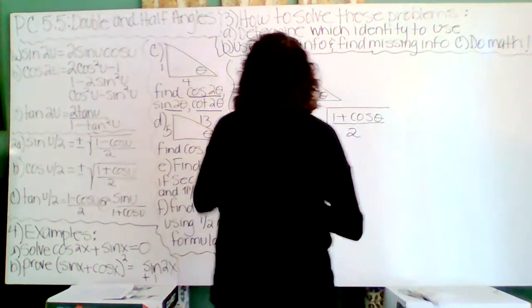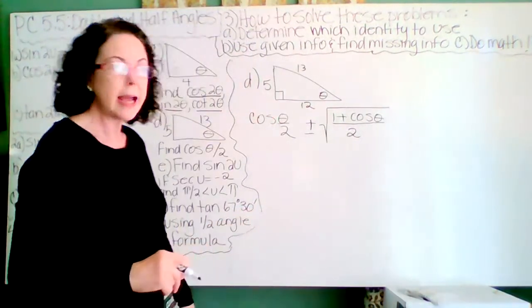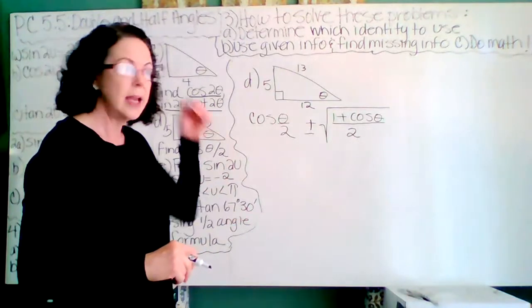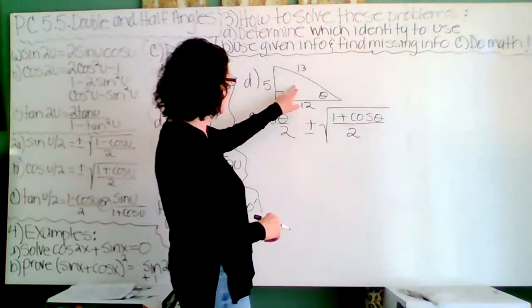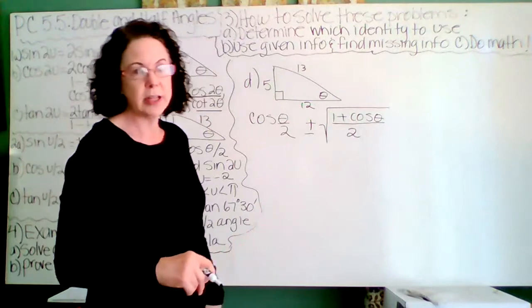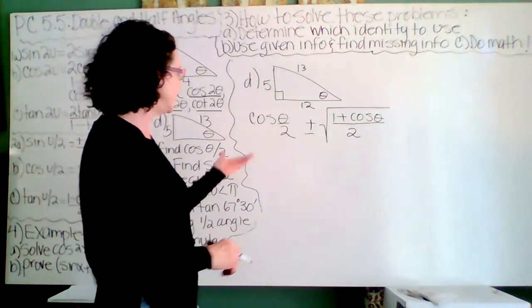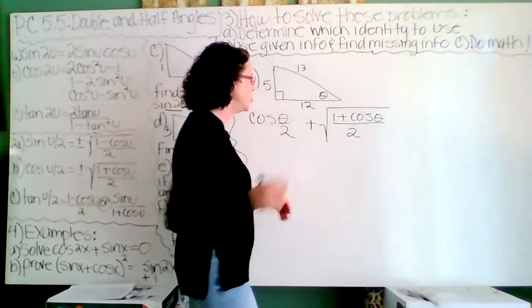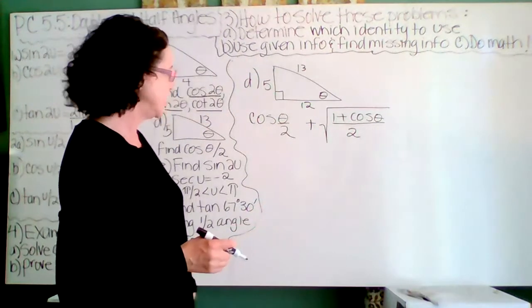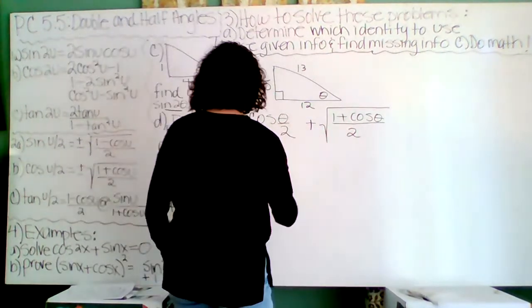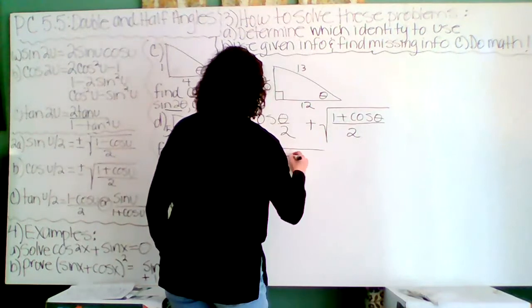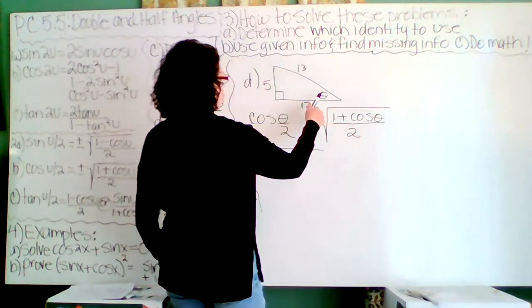Okay, now notice because we do not have any quadrants, this triangle is located in the first quadrant, meaning that all of its values are positive. So we are going to choose the positive answer. Let's go ahead and fill in cosine of theta from our picture.